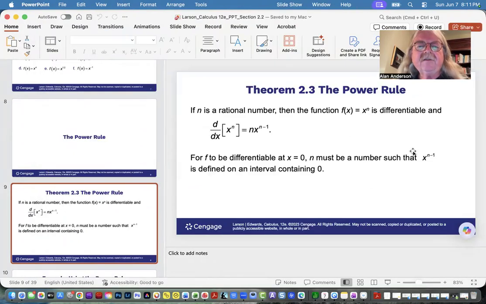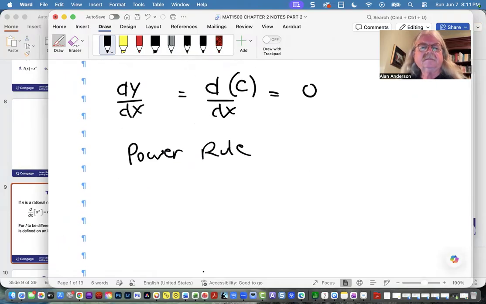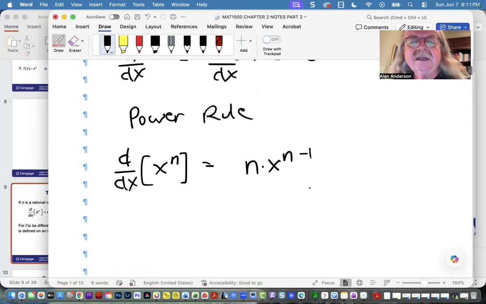Here, for example, we have very simply x to the n. And how do we take its derivative? So x is raised to the n power. The derivative is n times x to the n minus 1 power. Okay.